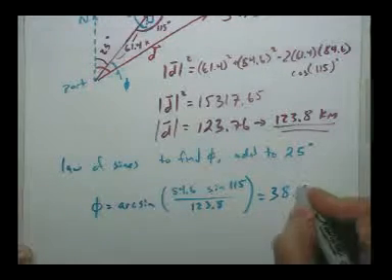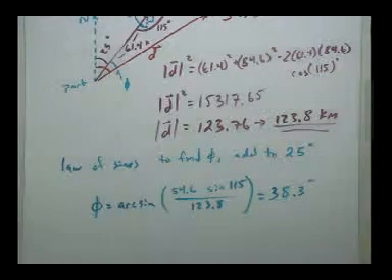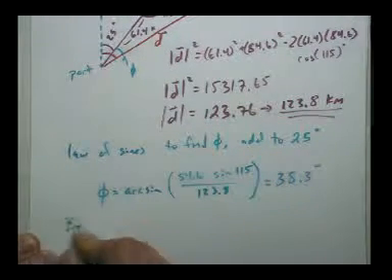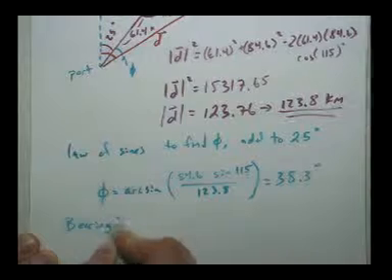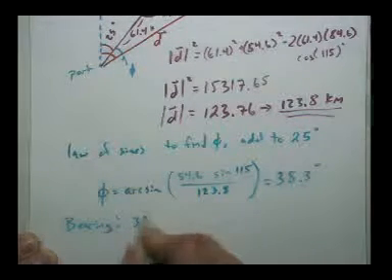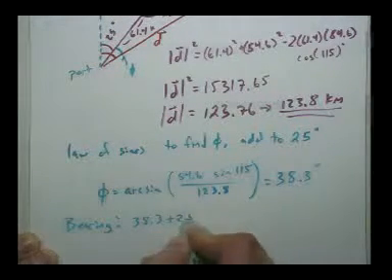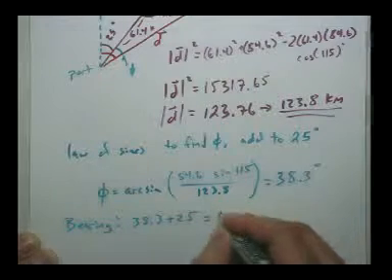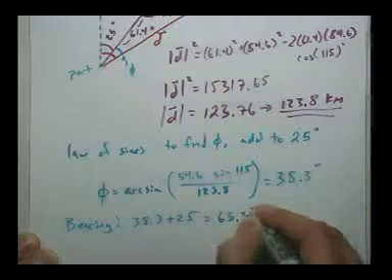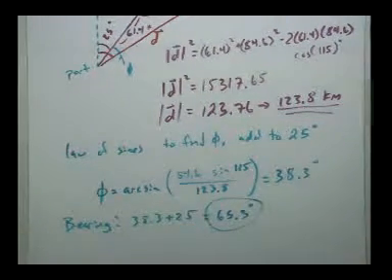And I get 38.3 degrees. So the bearing is 38.3 plus 25, which is 65.3 degrees.